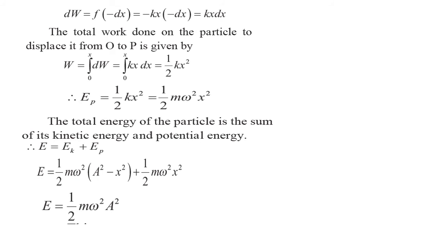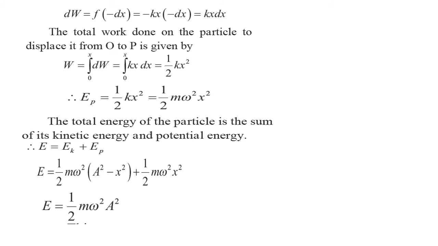If you have to talk about the total work done on the particle, if the particle has to move from initial position O to P, then the total work done will be obtained by integrating the above equation. So when you integrate dw from 0 displacement to x, the integration of dw will be equal to w.